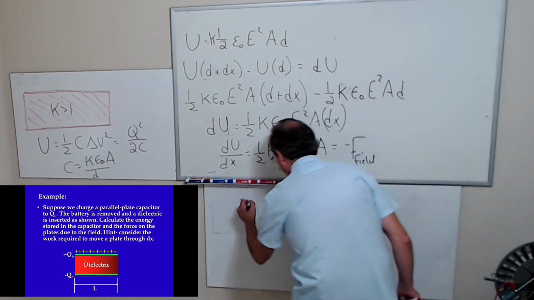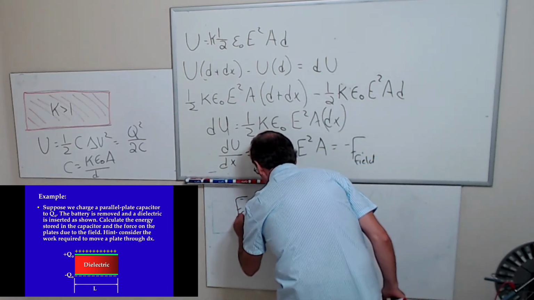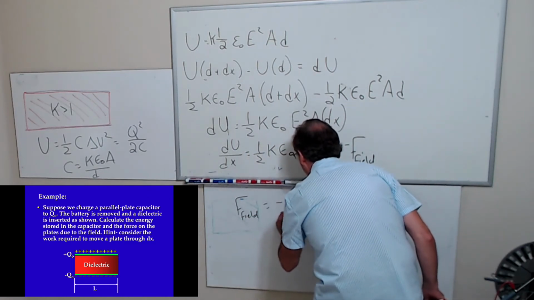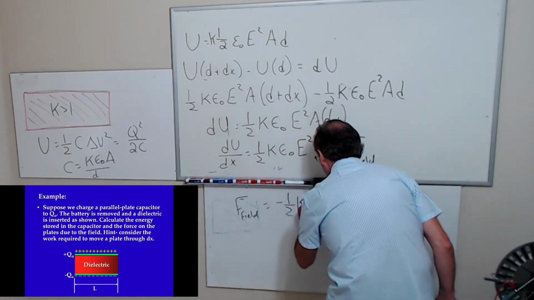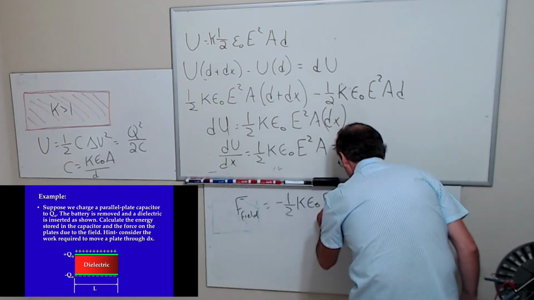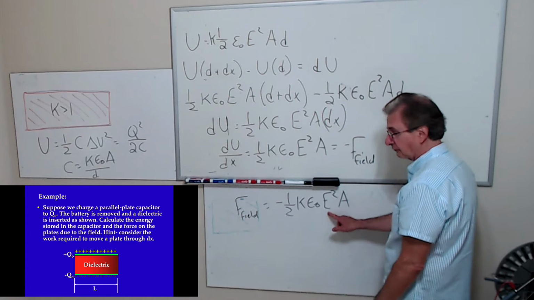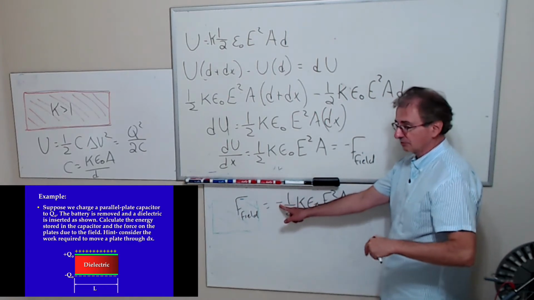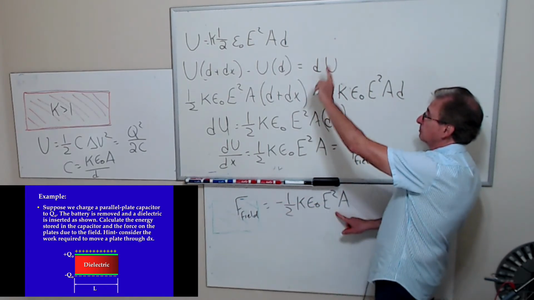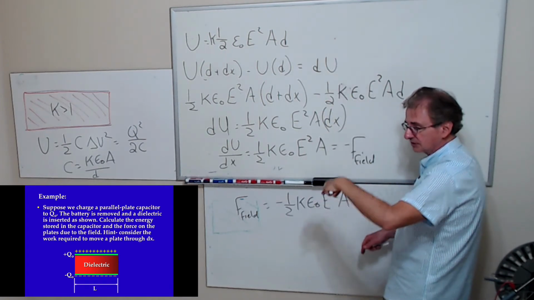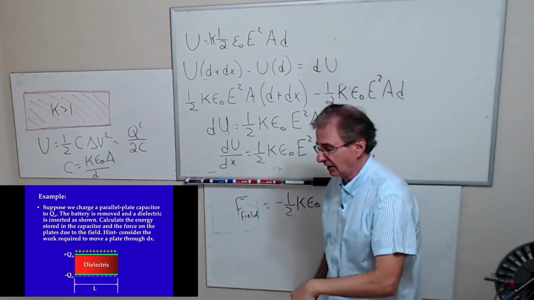So the force due to the field is minus 1/2 kappa epsilon naught E squared A. This is the force due to the field. It's minus. Remember, my displacement was upward. My force due to the field is downward. So it means that the force on the plate is downward.